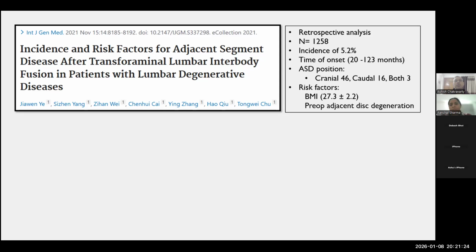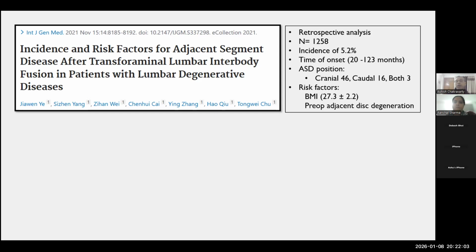Another thing that they reported was that there is more propensity for the ASD to occur cranial to the surgery. So if it is L4, L5, the patients will have levels involved above L4. Whereas in my case, what I found was it was caudal rather than cranial. And the risk factor that they described was a BMI of around 25 to 29. In my case, the patient had a BMI of 31.2.